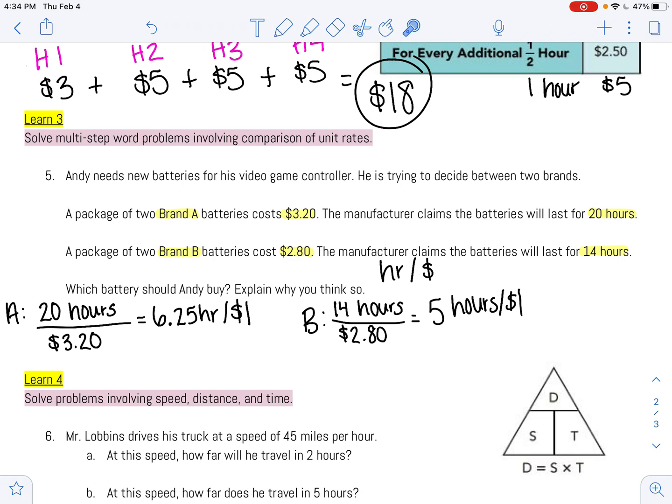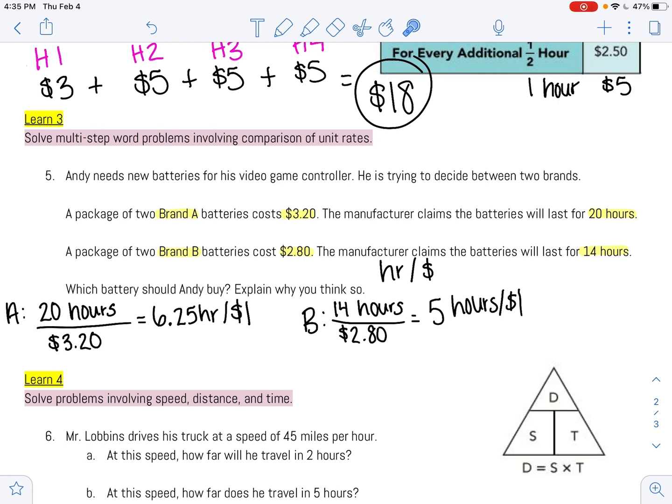So looking here between brand A and brand B, we have to shift our thinking in this example away from the better buy or the cheapest option, because both of these are looking at how much for just $1. Our dollar amount is the same. We want to pick the one that's going to have the most hours for $1.